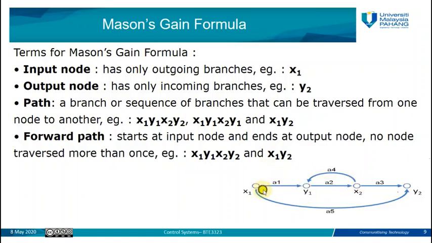But the first path, X1, Y1, X2, Y2, is a forward path, and X1 to Y2 is also another forward path. The forward path starts at the input node and ends at the output node, so it does not have a backward. It always goes forward from the input to the output.